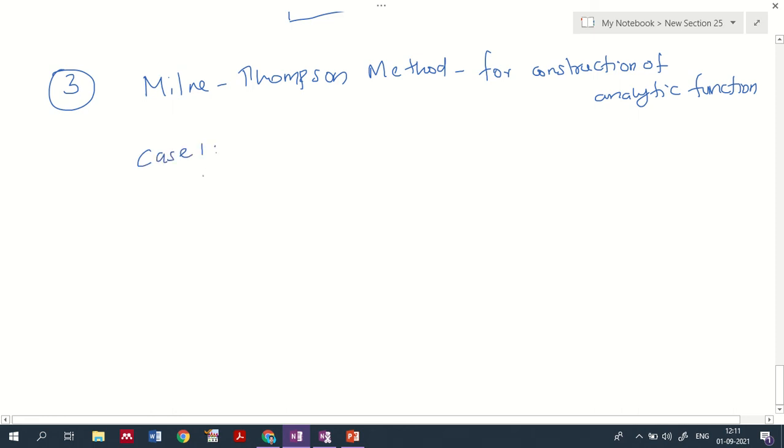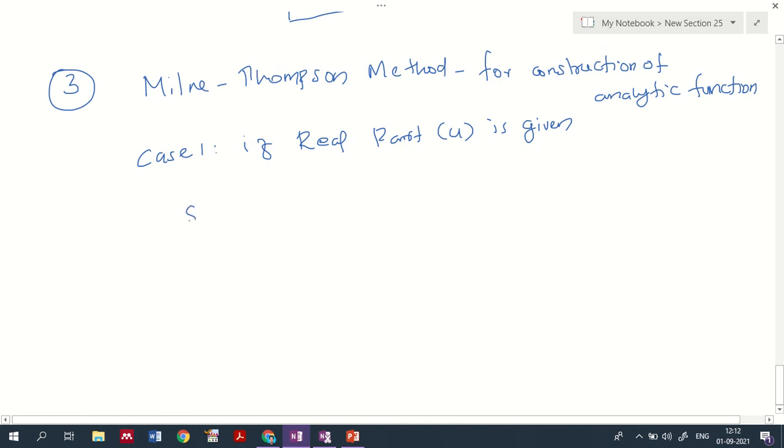Case 1: if the real part u is given. In that case, how do we do that?